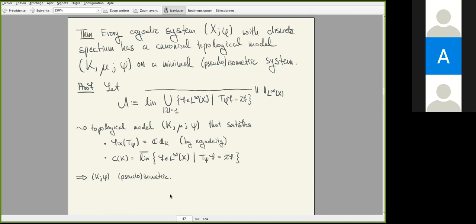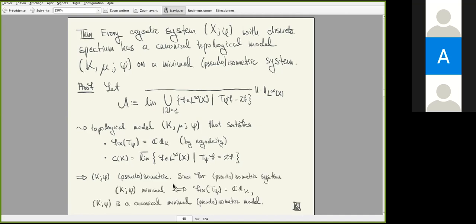For that, we recall a fact from topological dynamics: if you have such an isometric system, then it is minimal if and only if it has no non-trivial invariant functions. But we already know it has no non-trivial invariant functions. So we can conclude that the system is minimal. And thus we have found a minimal isometric model, which is completely canonical.